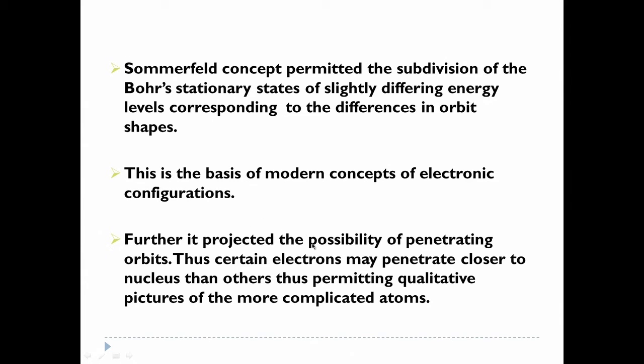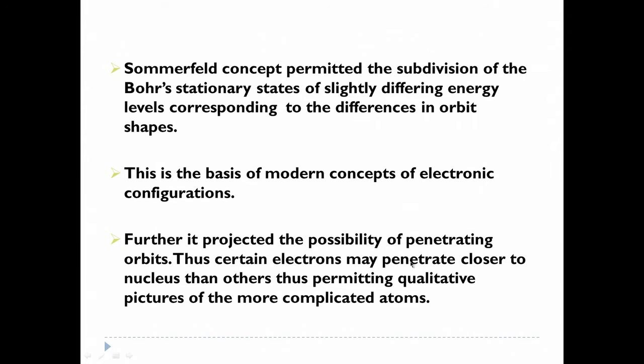Further, it projected the possibility of penetrating orbits. That means, imagine an orbit like this in a round space, and I can bring another orbit with an electrical magnetic field, but they can be overlapping each other. If I imagine the orbits are rigid, then there is no overlapping, they can only come nearer to each other up to a certain extent.